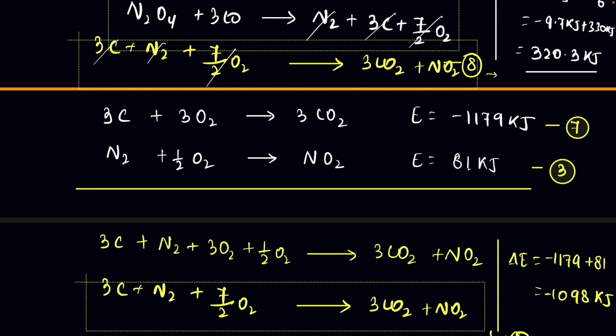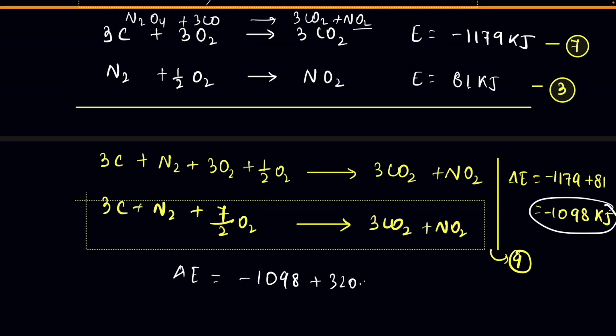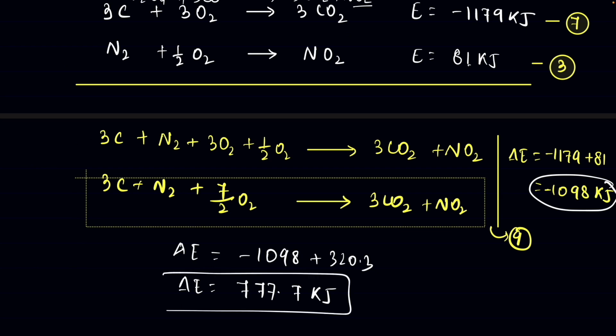So we get our reaction as N2O4 plus 3CO forms 3CO2 plus N2O. As we are adding, we need to add this energy and this energy. So by adding both the energies, minus 1098 plus 320.3, delta H is equal to minus 777.7 kilojoule. So this is the answer to this question.